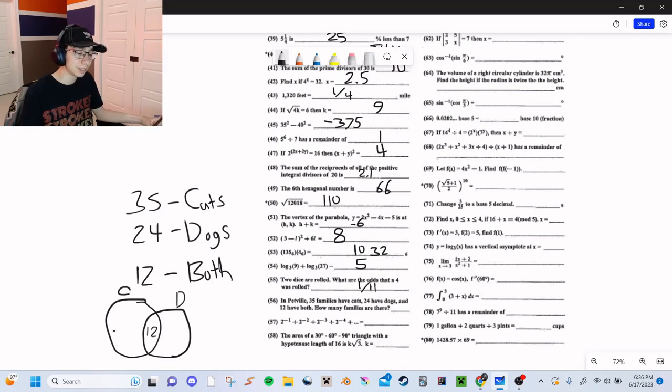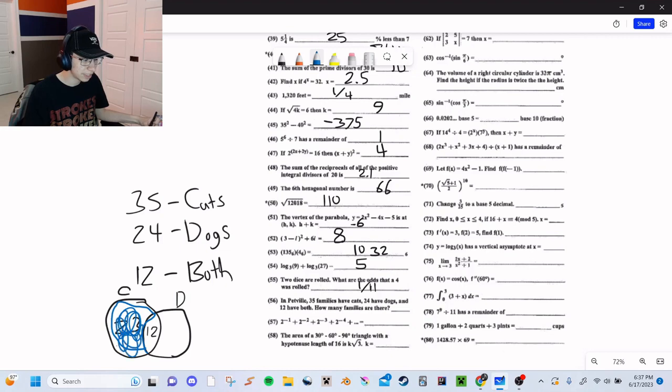But I can't put 35 in here, because then the total amount of cat owners would be 35 plus 12, which isn't true. This is actually 23: the total amount of cat owners minus the amount of cat and dog owners.